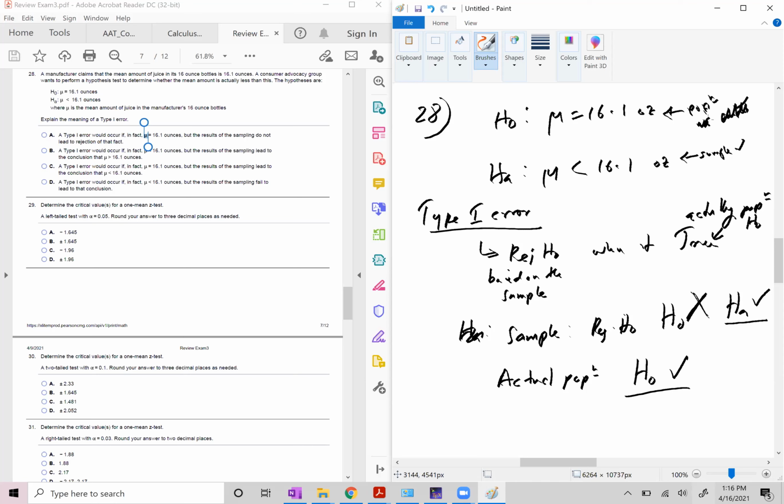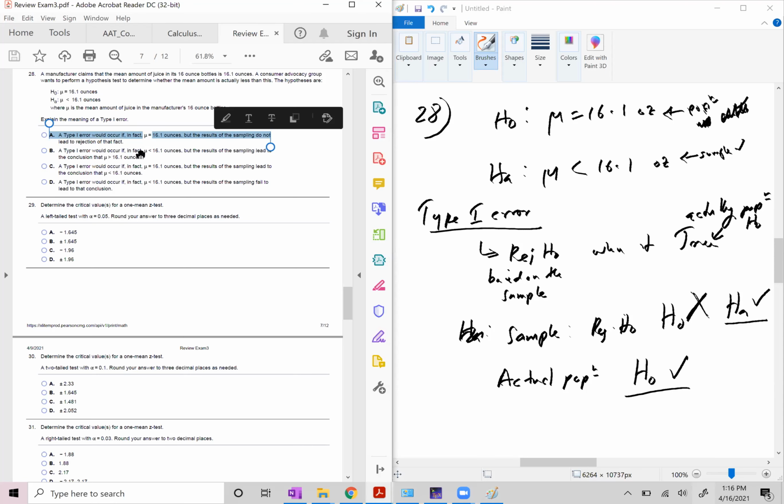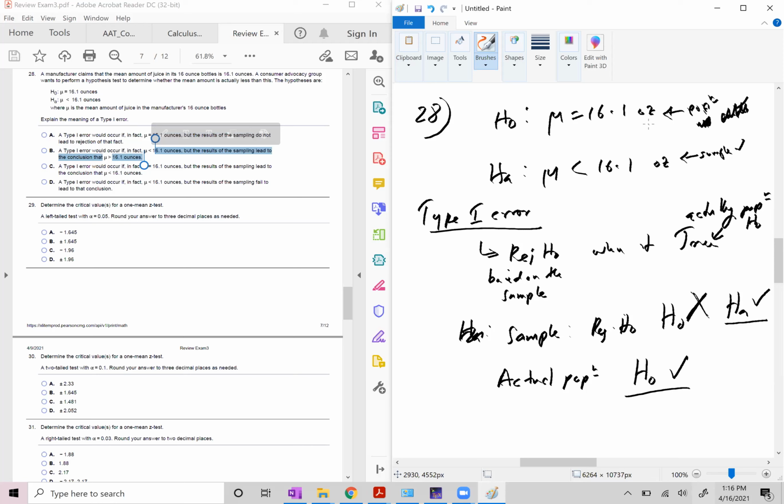So that is not the error we are looking for. Actually, this is not an error. Part B. Type 1 error would occur if in fact mu is less than 16.1 ounces. Now this should be wrong. In the population, this is not what's going on. In the population, 16.1 ounces equals 16.1 ounces should be there. So B is wrong.